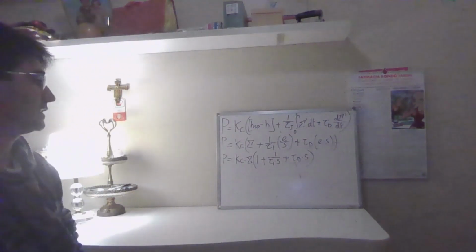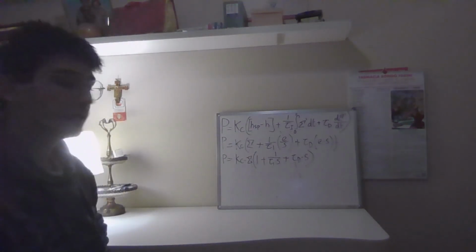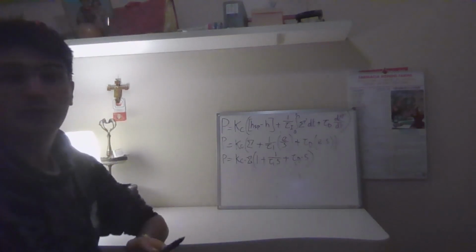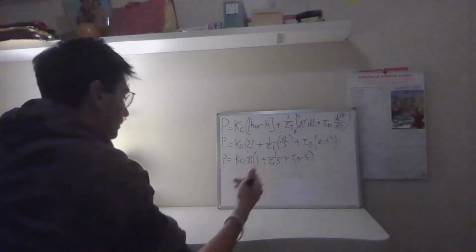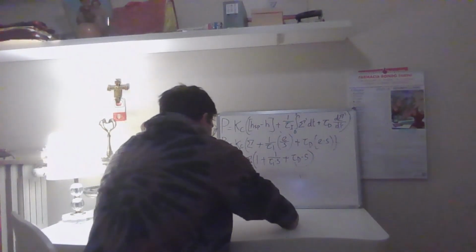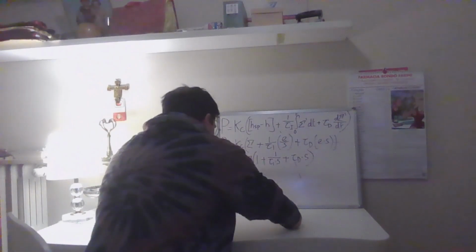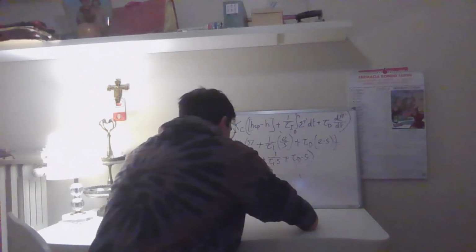Then now we can try to give it all a common denominator by simply multiplying it all out by tau I S together. So if you multiply this out, we end up with KC multiplied by epsilon, or the error, right?